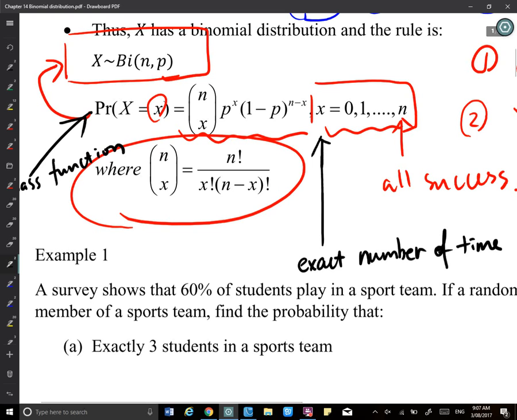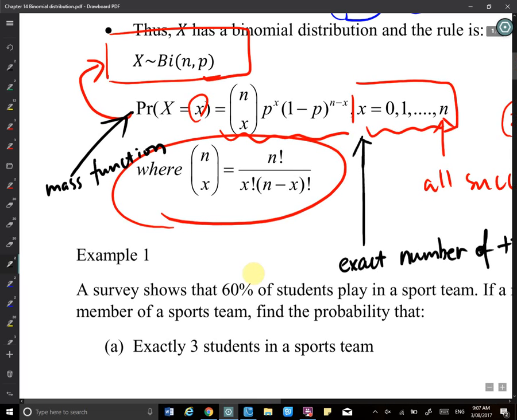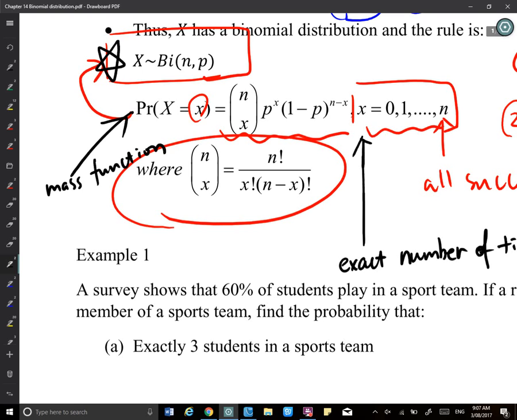This formula is important. You must remember this formula, and you must remember you can use this formula only if you have this line here written. After you write that, then you can use this formula. Without writing that, you can't use the formula below. Anytime you start to use a formula like that, the previous line must say x is binomially distributed by what and what.